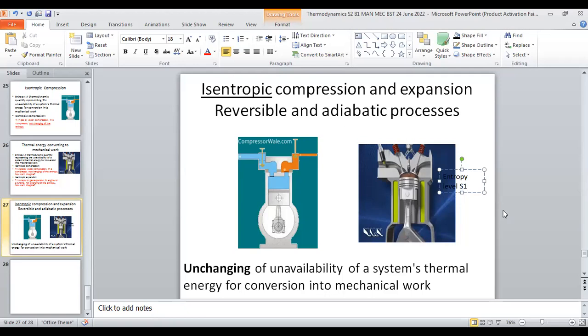Okay, entropy level S1. And let's say this expands until here. Maybe it expands until here.